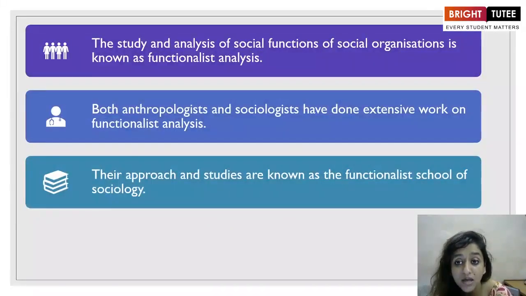Moving ahead, how have we decided on this, and what is this study revolving around? The study and the analysis of the social functions of social organizations is known as functionalist analysis.